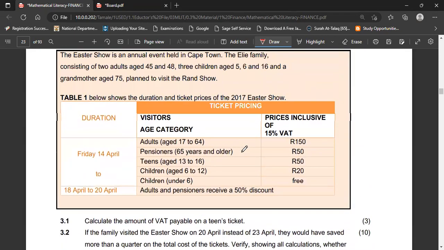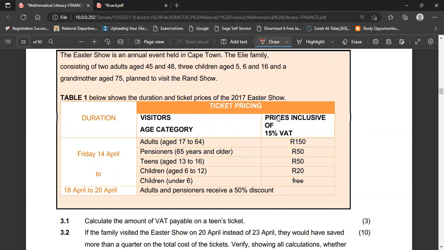All right. We have this scenario here. The Easter Show is an annual event held in Cape Town. The family consisting of 2 adults aged 45 and 48, 3 children aged 5, 6, and 16, and a grandmother aged 75 plan to visit the show.